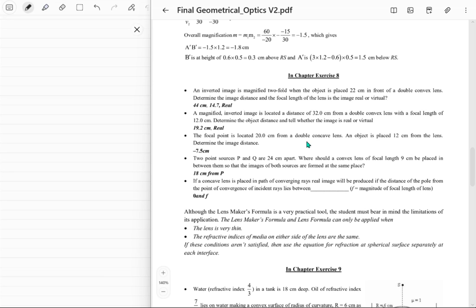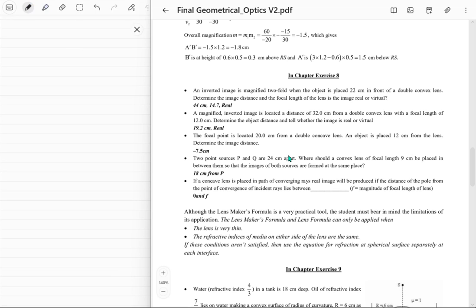So U is negative 12. 1 upon V is equal to 1 upon U plus 1 upon F, which is negative 1 upon 12 plus negative 1 upon 20, so negative 5 upon 60 minus 3 upon 60, which is negative 8 upon 60, negative 2 upon 15. So V is negative 7.5. I think now I'm catching speed.